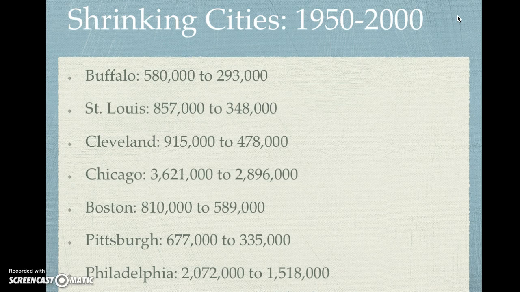But still, not all cities, when you look at them today, are equal, right? There's a lot of different things happening in different cities, but these are regional trends. So this is just an example of cities that have been shrinking, cities that are losing population.